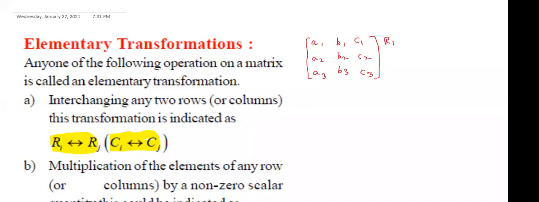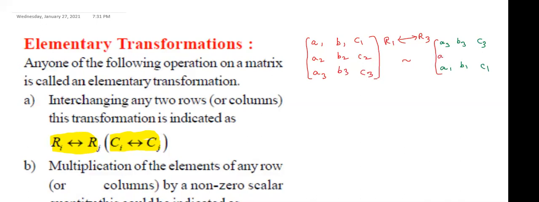Now here I am going to interchange the rows. R1 is going to R3, R3 is going to R1. So this is the equality symbol. Now interchange R1 and R3. So in place of R1 write R3: A3, B3, C3. Here A1, B1, C1.